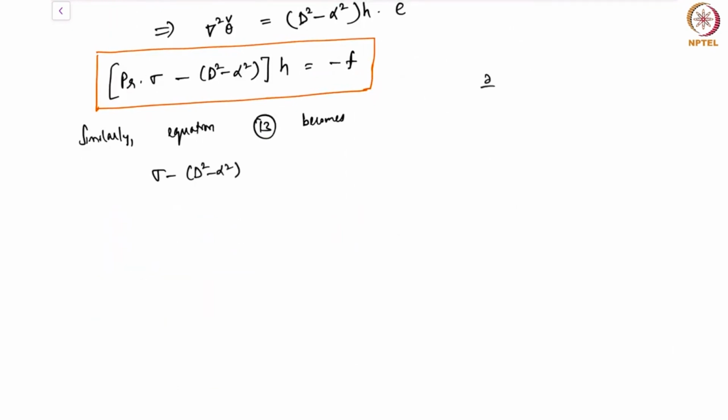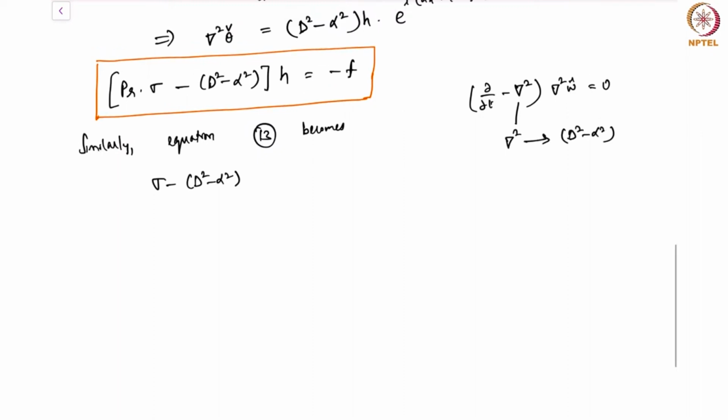So let me just write this for your benefit. This is my equation 13. So del square essentially becomes D square minus alpha square, right? So therefore now we have sigma minus D square minus alpha square multiplied by another D square minus alpha square of f is equal to 0.